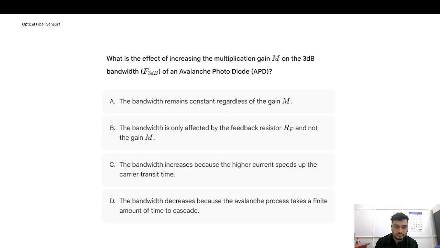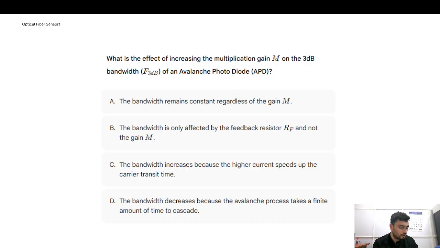APD, I guess. Bandwidth means frequency, the frequency range. So more gain means more bandwidth? No.